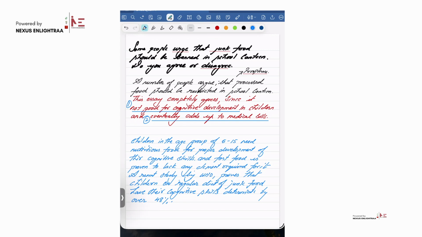On an average, you will write about 8 to 10 words in a line, depending on your handwriting. So 8 into 7 is 56. How many words do we need approximately? 60.